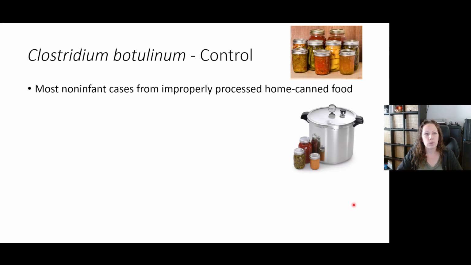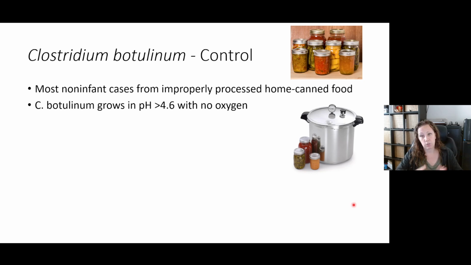So most non-infant cases come from improperly processed home canned food. So like I said before, it grows best in a pH that is greater than 4.6 that has no oxygen.